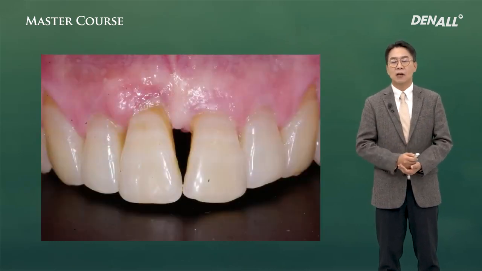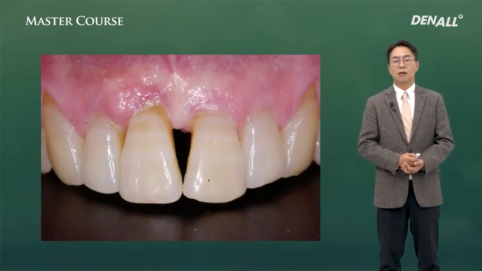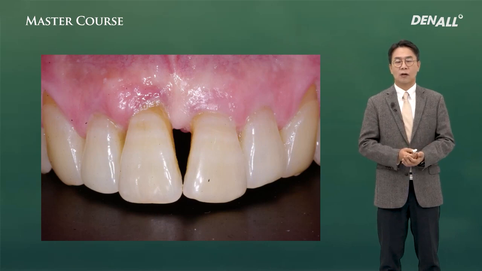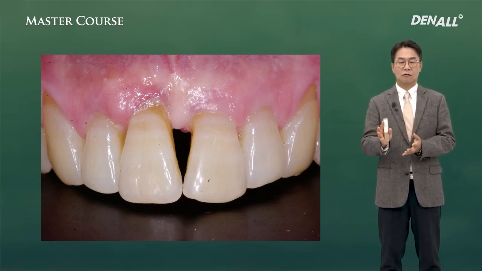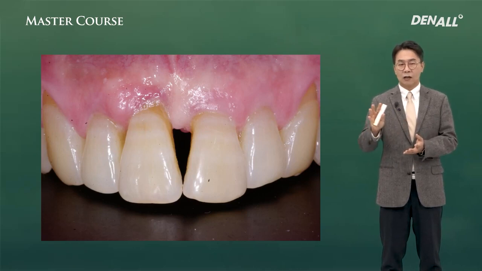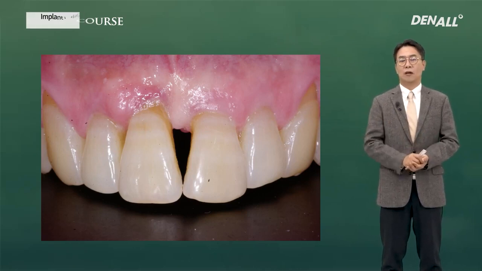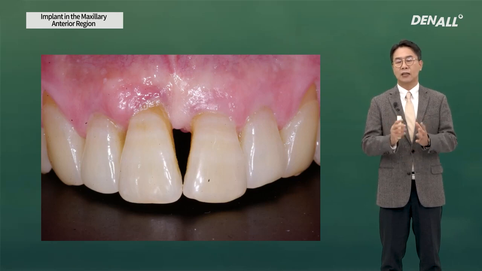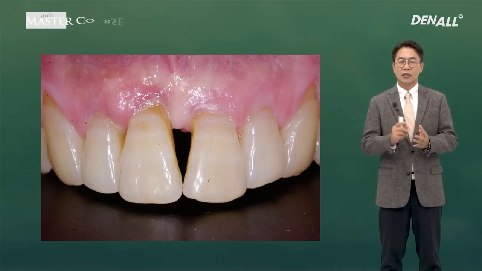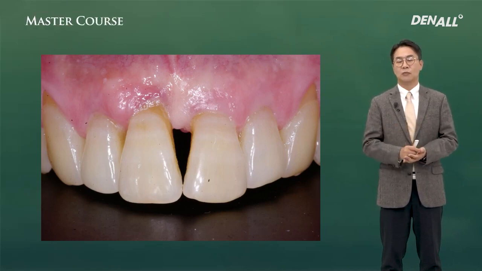However, when the form is triangular, for example, if number 11, the color is different from other teeth, it's because inflammation occurred. Between number 11 and 21, the interdental papilla area is quite lost.